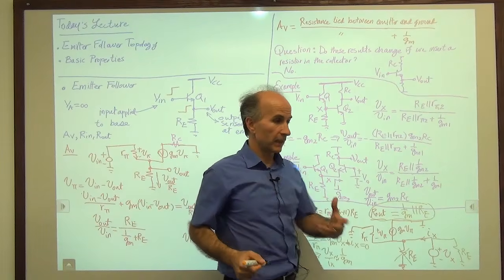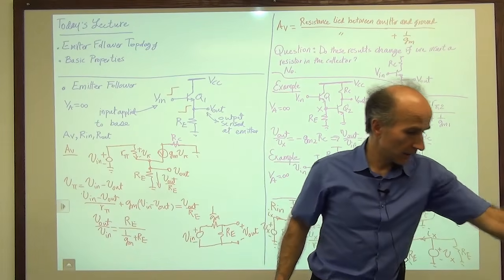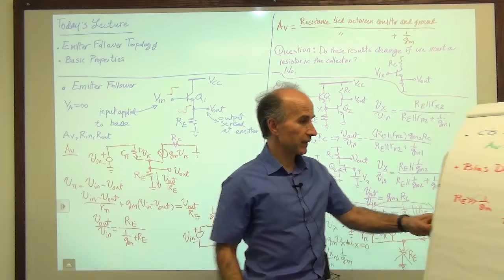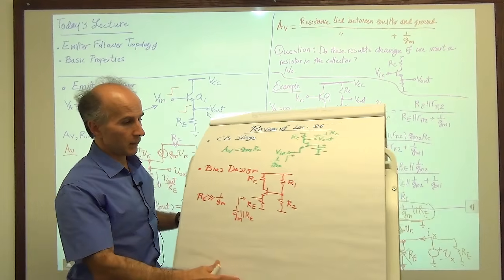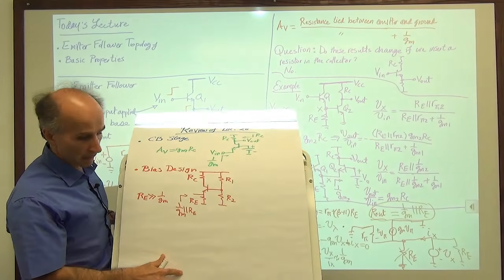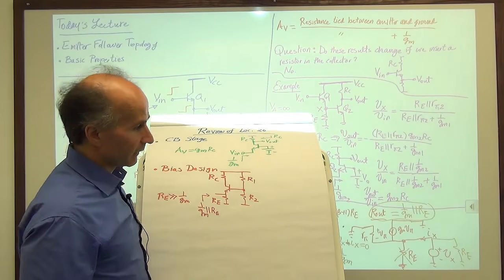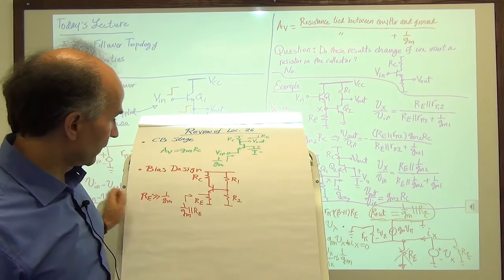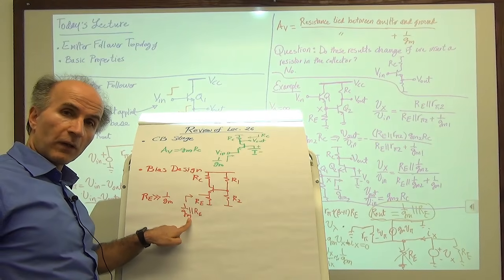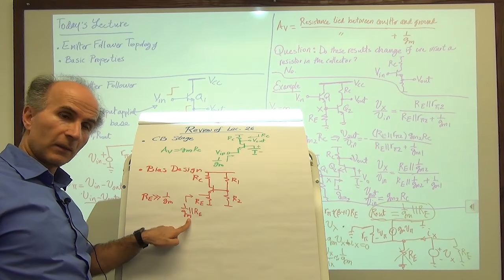So this is beginning to look familiar because it's actually similar to this equation here. Let me try to put both of these next to each other, and you can see both of them. So this equation is 1 over Gm in parallel with Re. What is this?